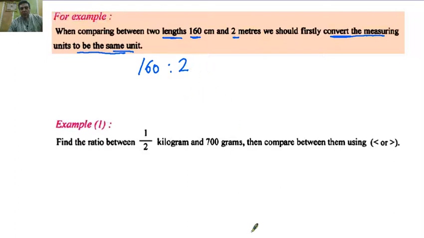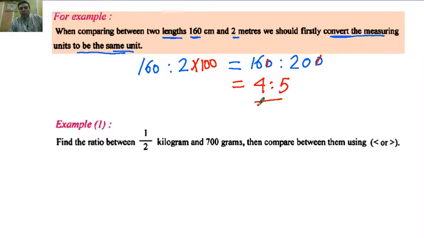To convert from meter into centimeter, multiply by 100. So the two terms become 160 centimeter to 200 centimeter. Cancel 0 with 0. Divided by 4 equals 4, divided by 4 equals 5. Then the simplified ratio is 4 to 5.